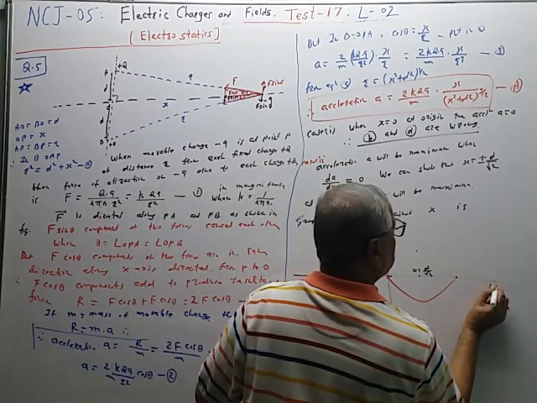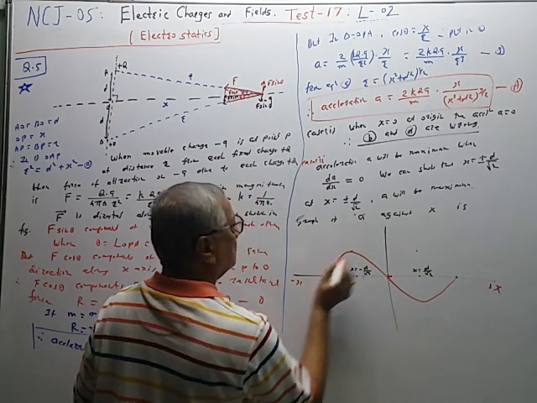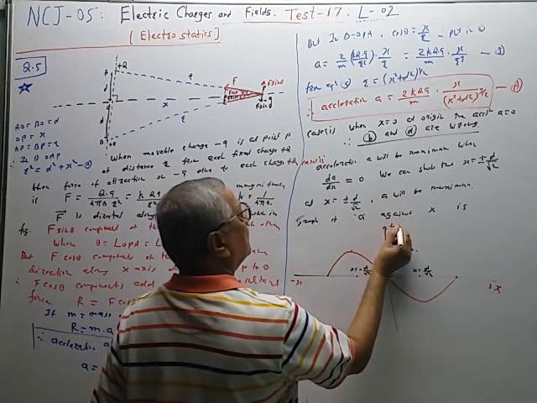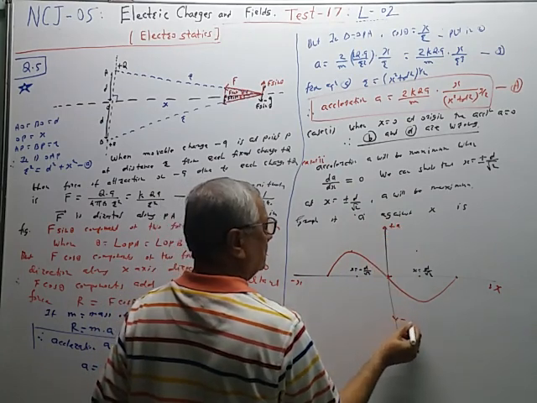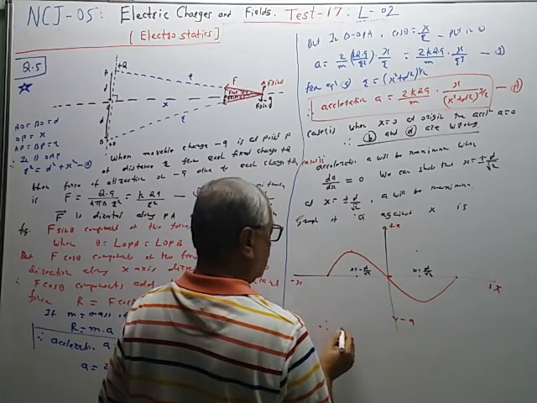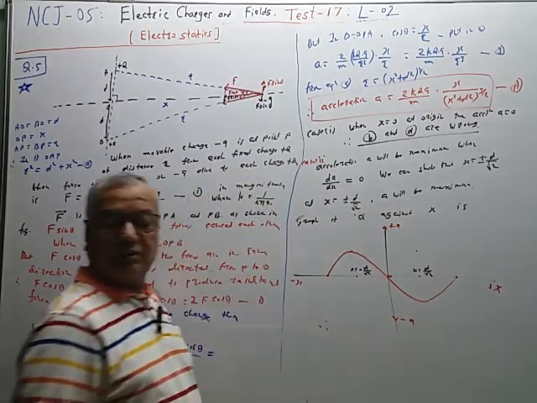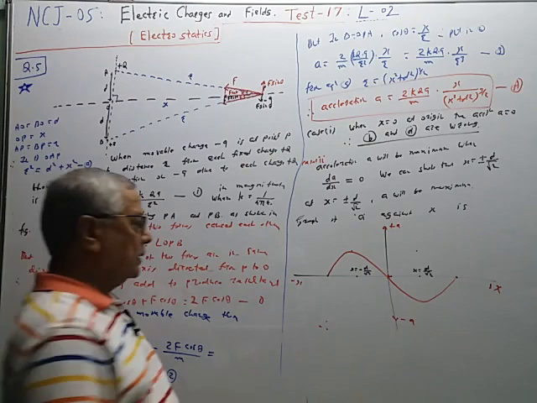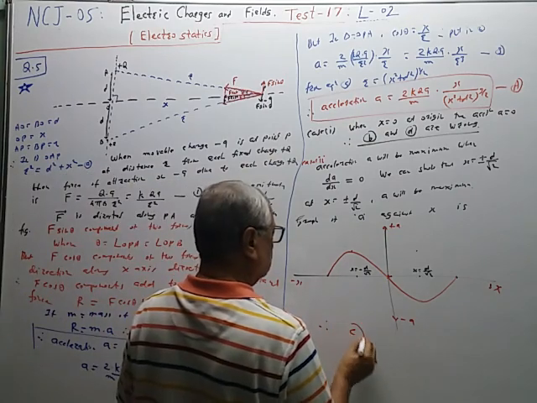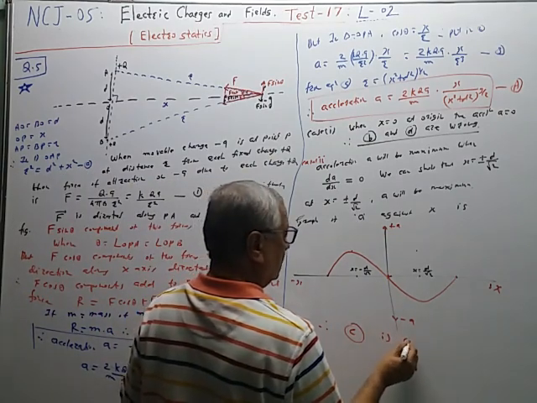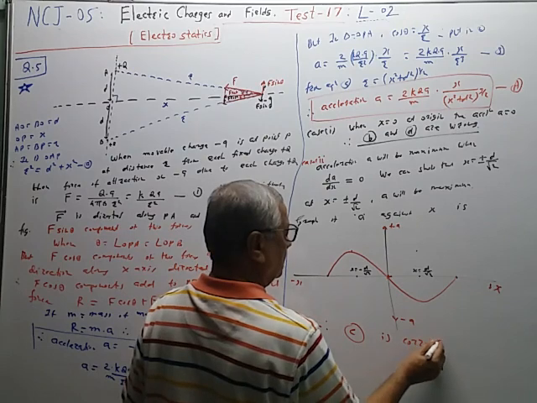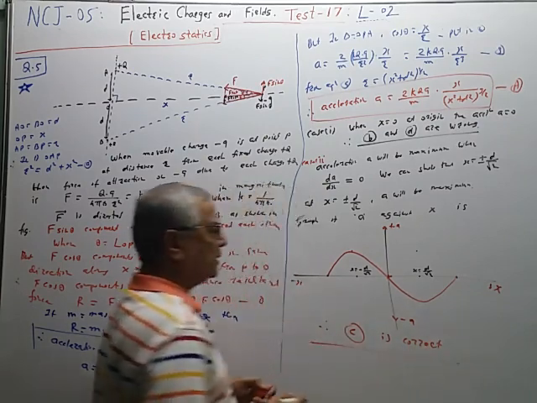So this is plus x, minus x, plus A, minus A. So the correct graph is C.